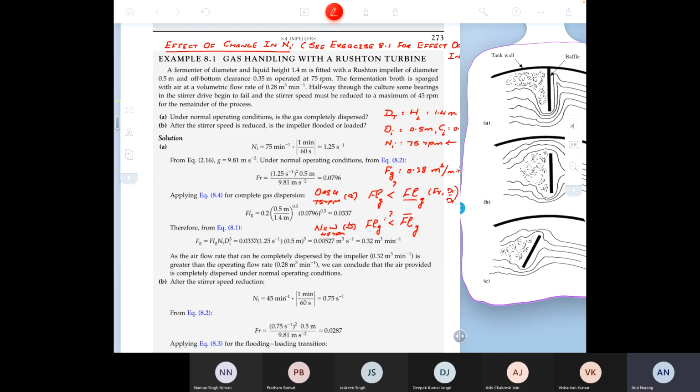Okay. So you can see that under the new conditions, as expected, the flow number will be higher simply because in the flow number n sub I appears in the denominator. Okay, but the FL over bar G will, so basically this number will have increased as shown over here.